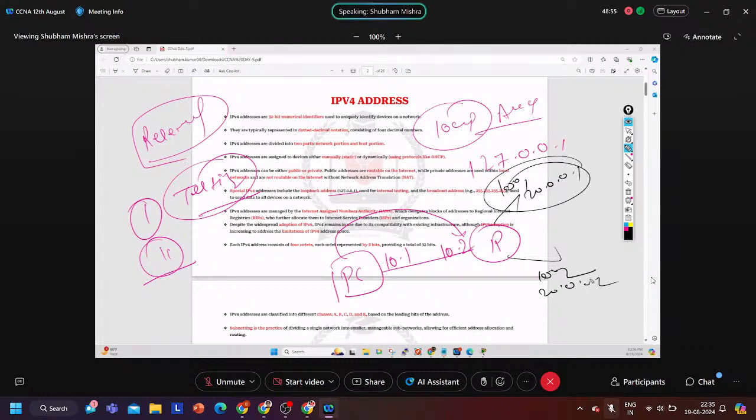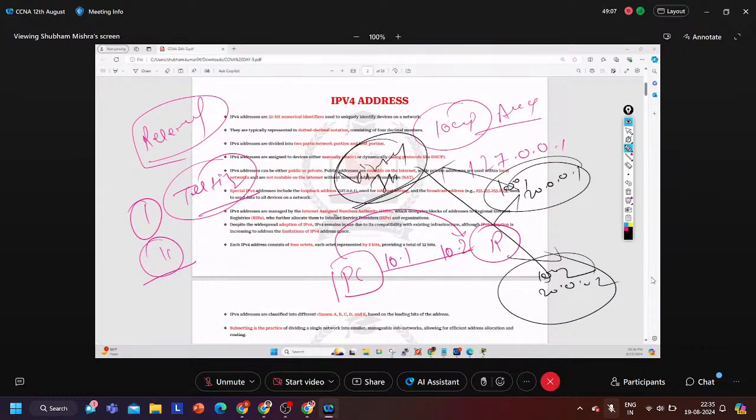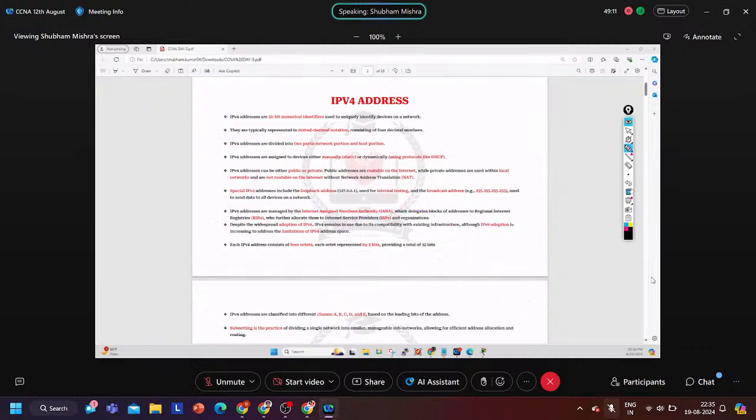Basically this loopback is providing virtual IPs, or you can say a virtual interface. So you do not need to install the physical device. That is the use of the loopback address, and generally in real scenarios we use it for testing purposes.